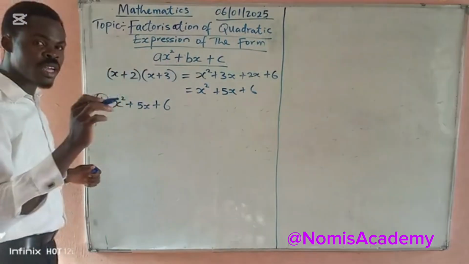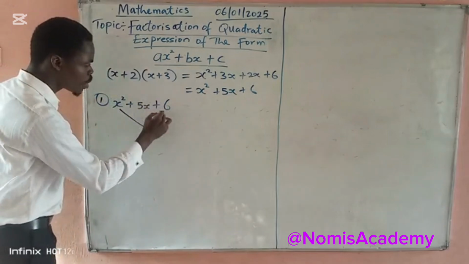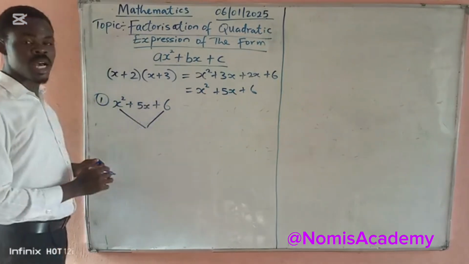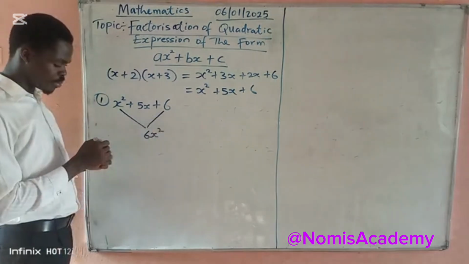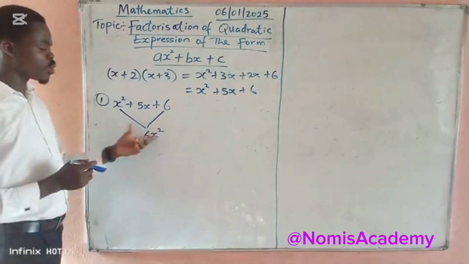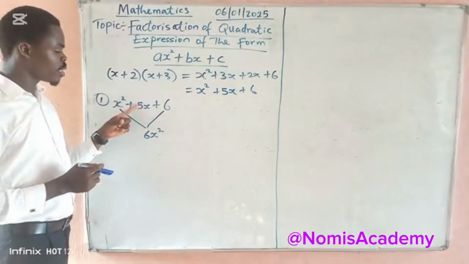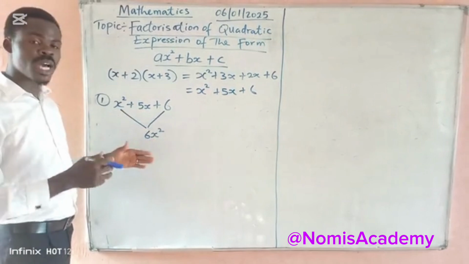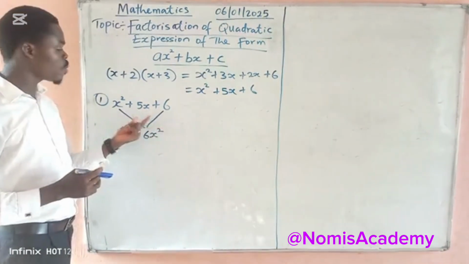I will use this diagram so you can easily remember. The first term multiplied by the last term will give us 6x squared. And then we are going to find the factors of 6x squared that sum up to 5x.